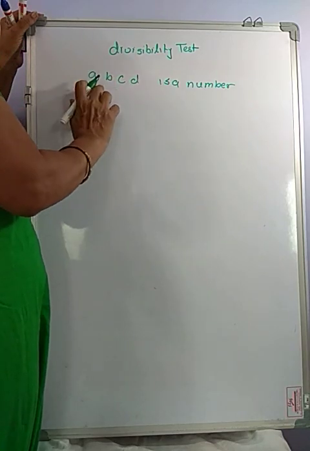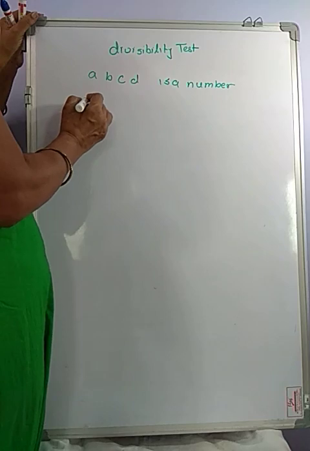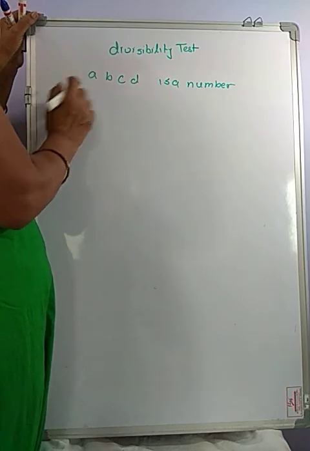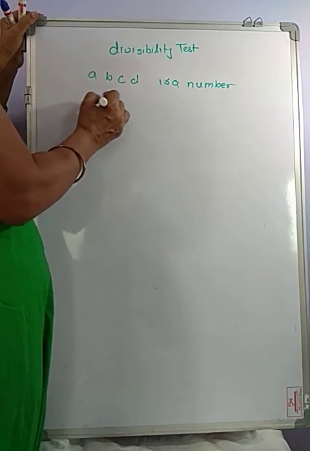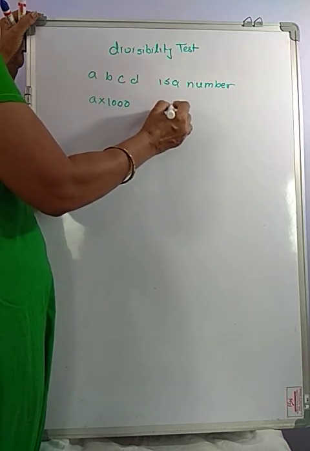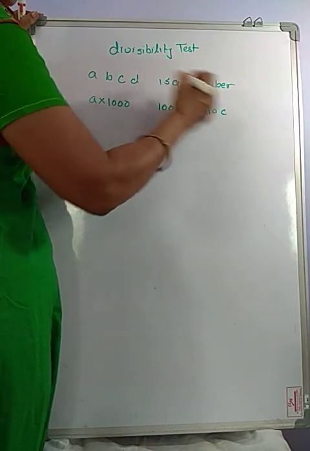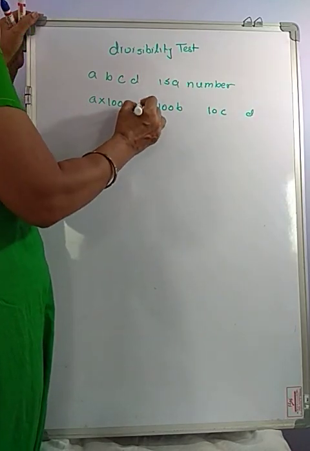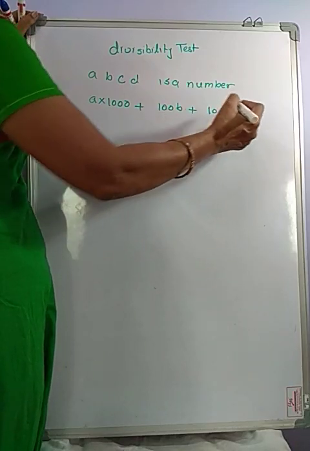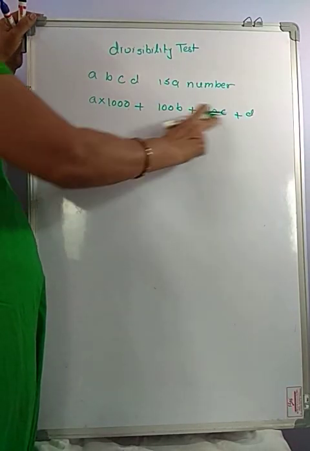Here there is no product; these are place values. The place value of A is A into 1000, of B is 100B, of C is 10C, and of D is D. That is, ABCD is a number whose value is 1000A plus 100B plus 10C plus D.